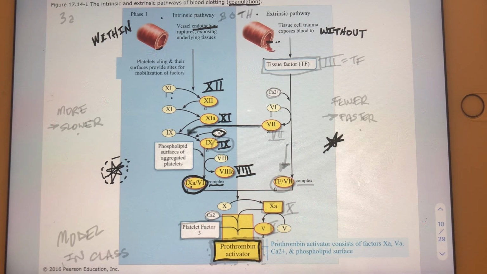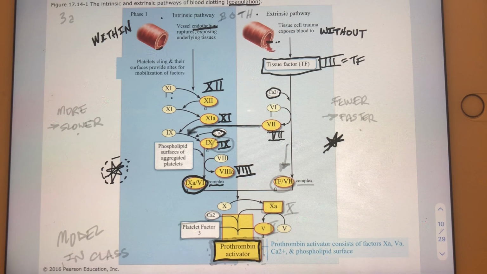And one of those chemical signals is clotting factor 3, also known as tissue factor. Tissue factor works with calcium to activate clotting factor 7.